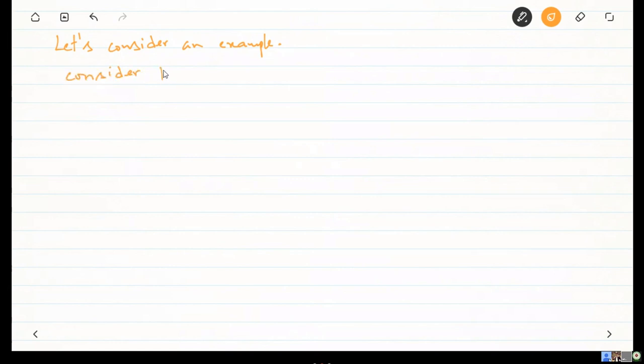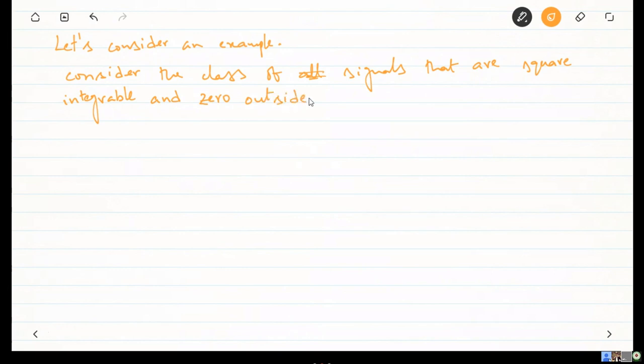So consider the class of signals that are square integrable and 0 outside minus T by 2 to plus T by 2.